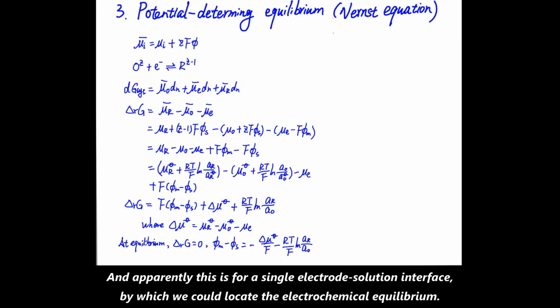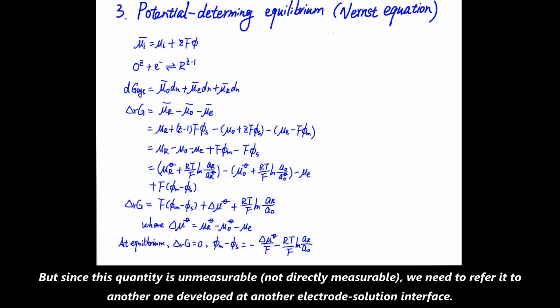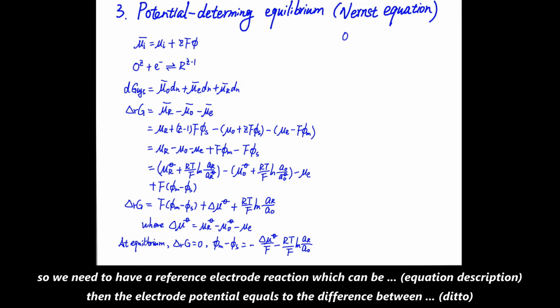And apparently this is for a single electrode solution interface by which we could locate the electrochemical equilibrium, but since this quantity is unmeasurable, we need to refer it to another one developed at another electrode solution interface. So we need to have a reference electrode reaction, which can be O' plus an electron gives R'. Then the electrode potential equals the difference between the interfacial potential difference of study and that only for reference.